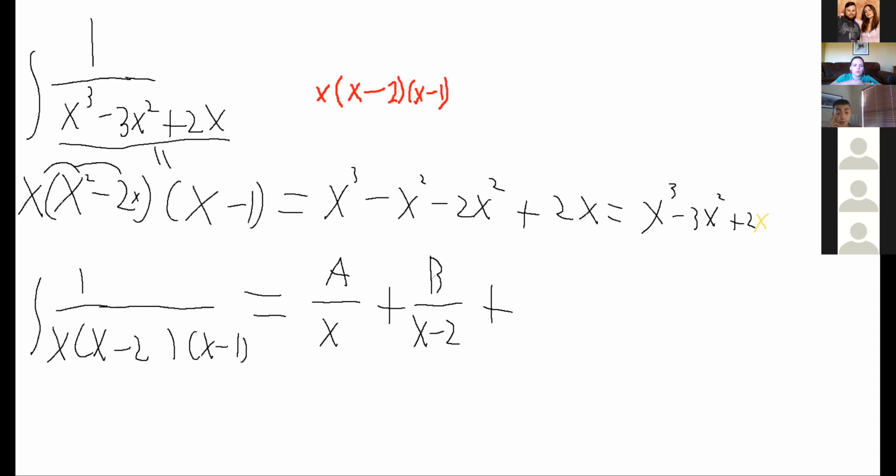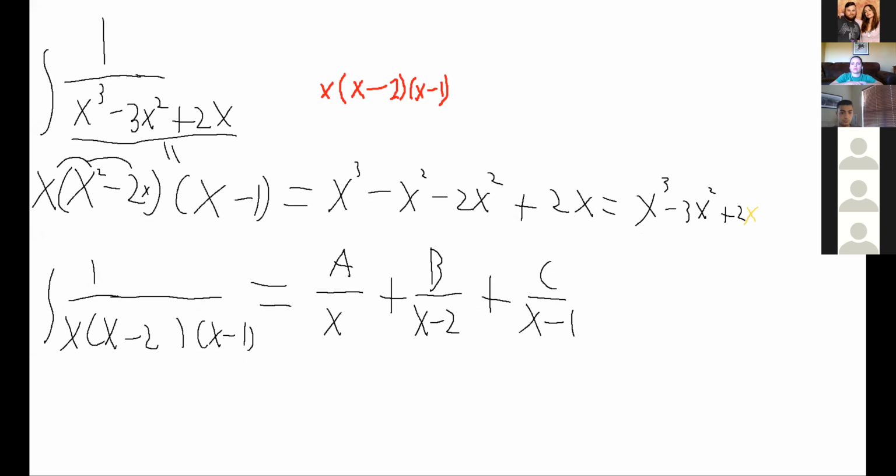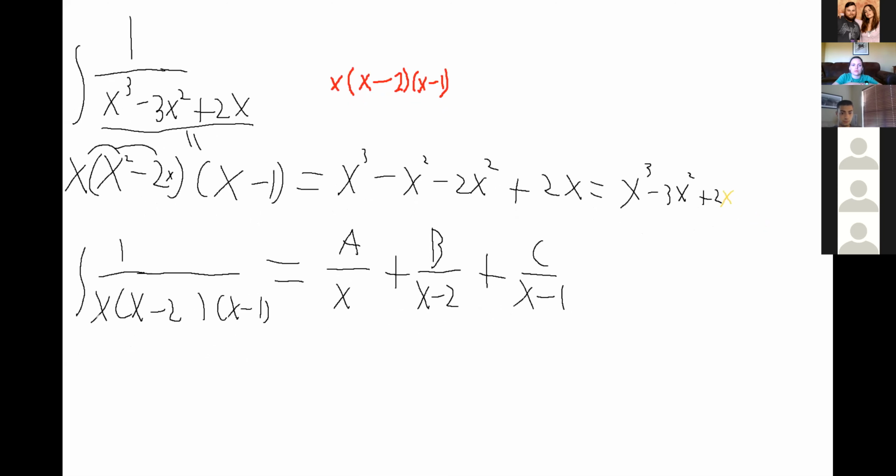What is b? Then we have x minus 1. I'll see if we can make a little bit more room. And then we would solve just by multiplying the denominator. So that'll leave us with 1 equals a times x minus 2 times x minus 1.